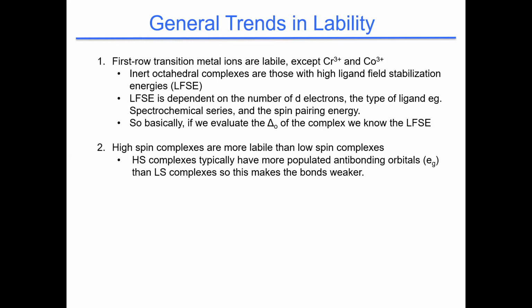Second, high spin complexes are more labile than low spin complexes. Since high spin complexes typically have more populated antibonding orbitals than low spin complexes, this weakens the bonds between the metal and the ligand, making them easier to break.